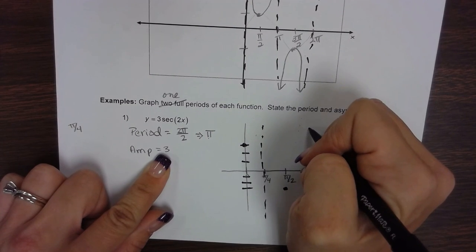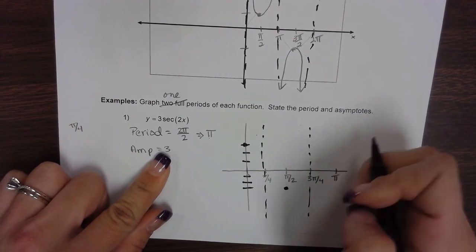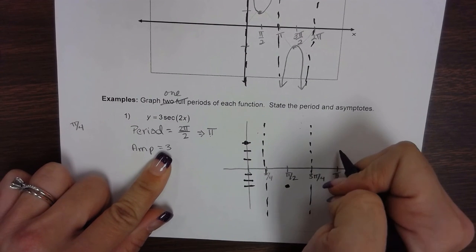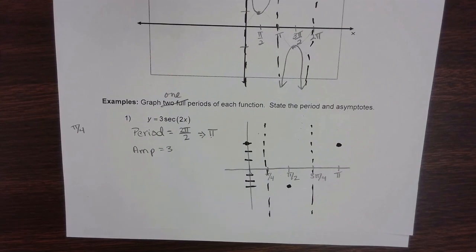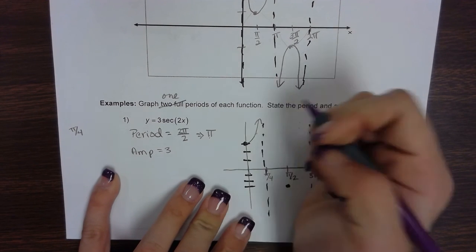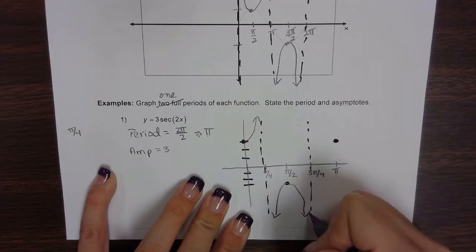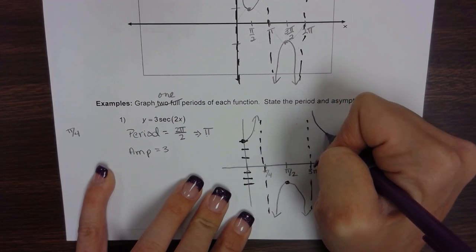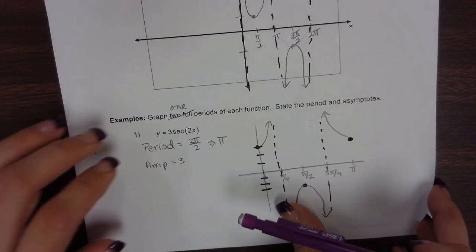Our next one is our vertical asymptote, and then at pi it would have been at 1, but our amplitude is 3. So we have half a U, our upside down U, and half of a U. And we did it.